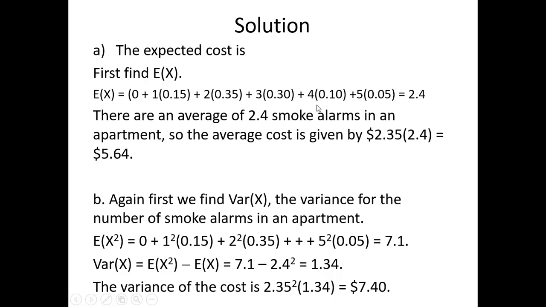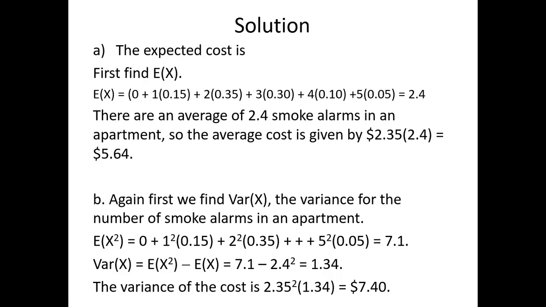There are 2.4 smoke alarms in an apartment, so the average cost is simply $2.35 times 2.4, or $5.64. That's the expected cost. So from the expected number of smoke alarms, we find the expected cost.